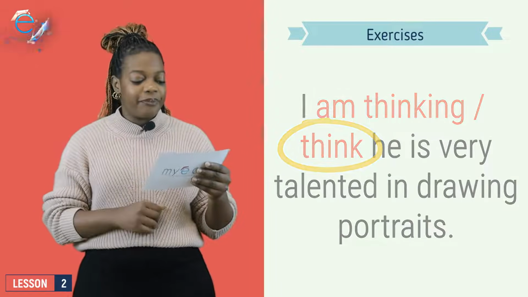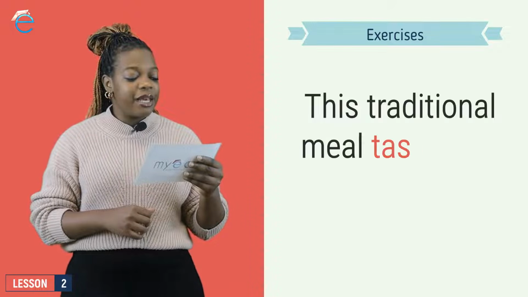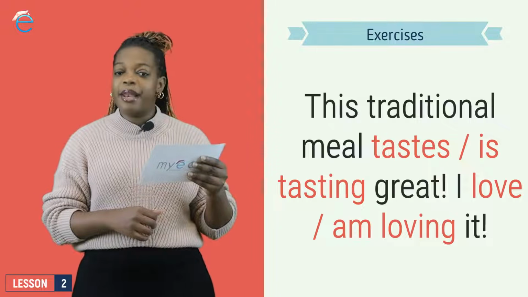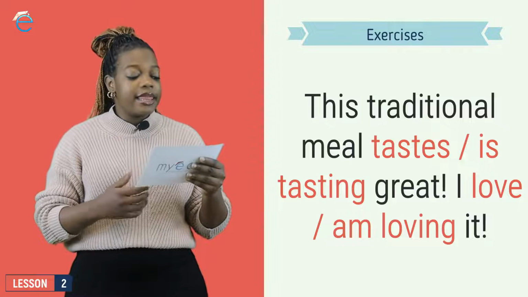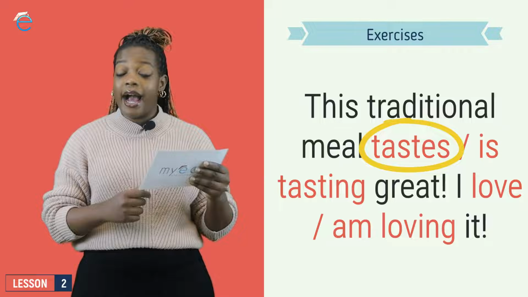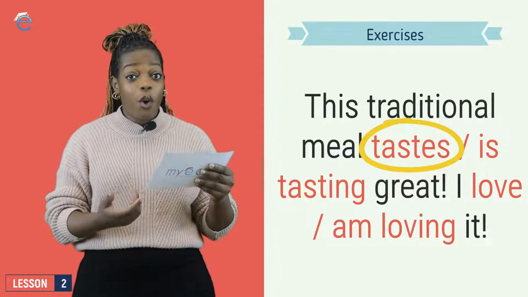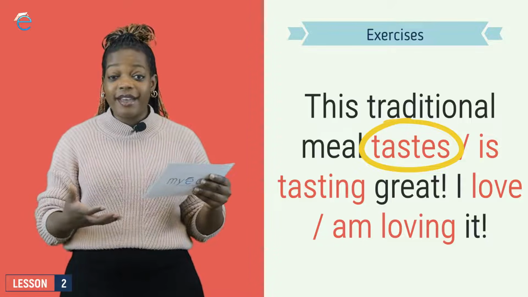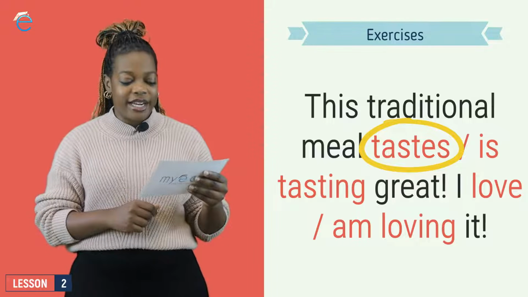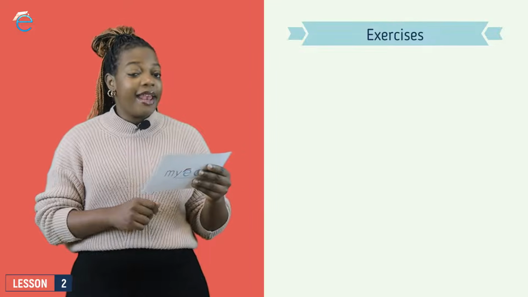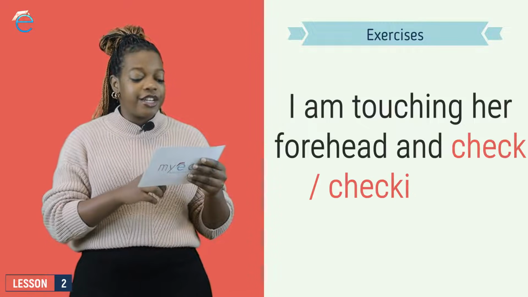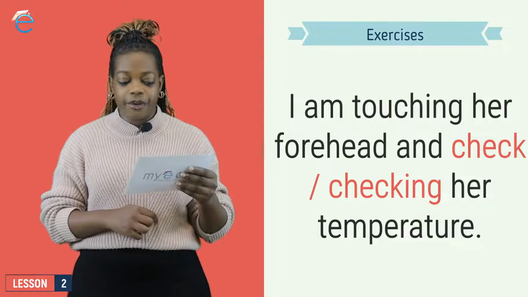Number 3, this traditional meal is tasting great. I am loving it. This traditional meal tastes great. I love or I am loving it. In this case, I think both are correct. Number 4, I am touching her forehead and checking her temperature.